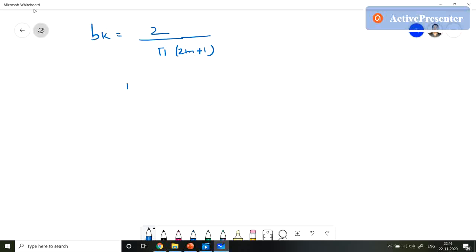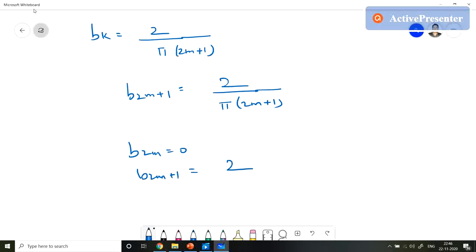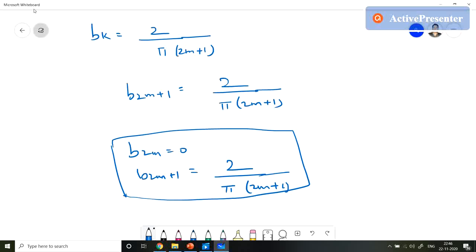So b of 2m is equal to 0 and b of 2m plus 1 is equal to 2 divided by pi (2m plus 1). That is the value of b_k. This is for k even and this is for k odd.